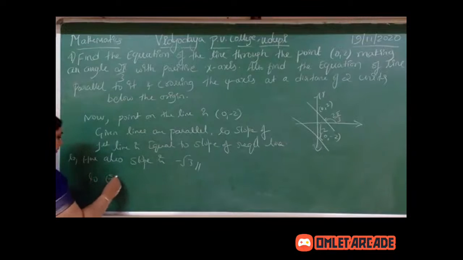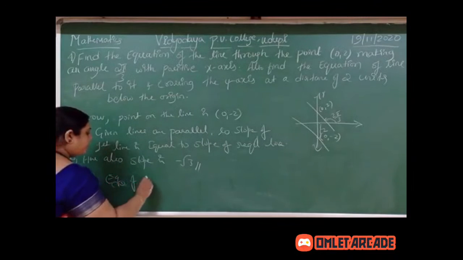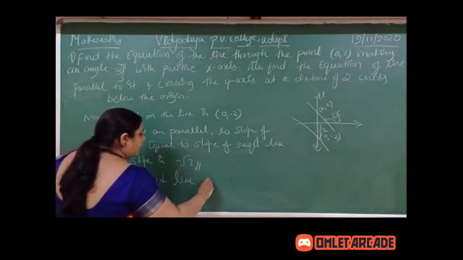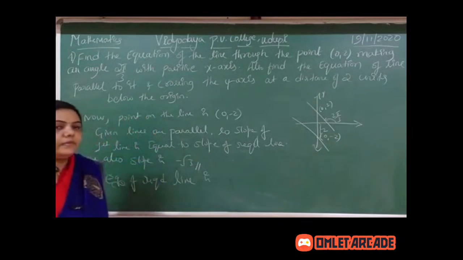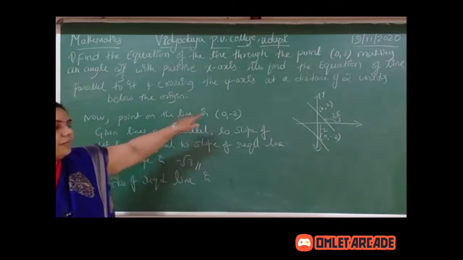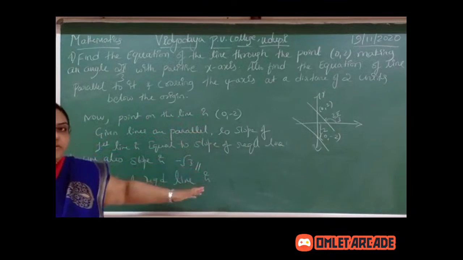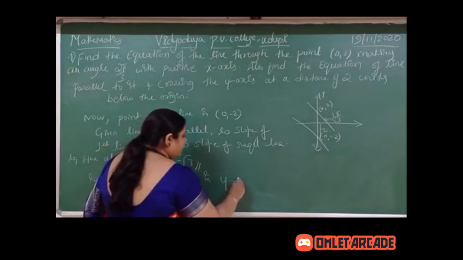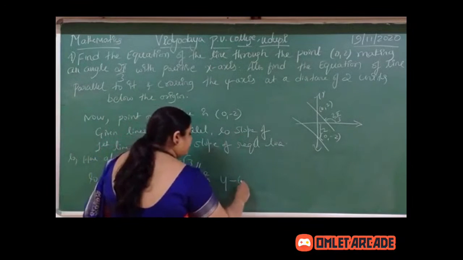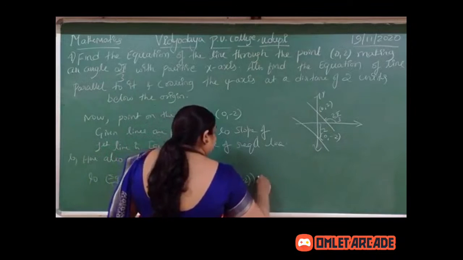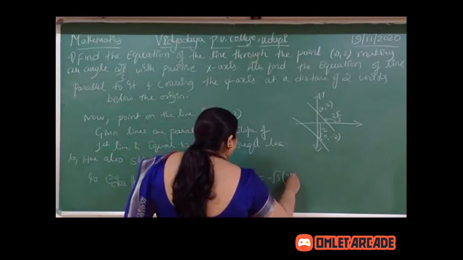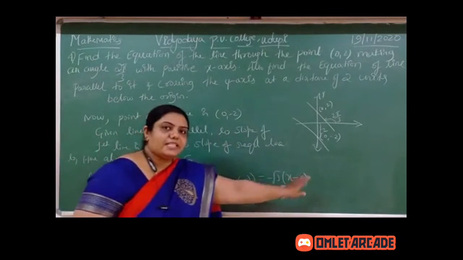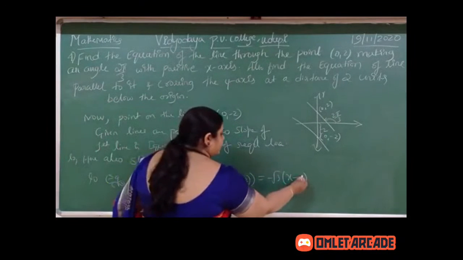So the equation of the required line: when the slope and a point are given, you know how to use the point-slope form. I am not writing the formula, I am directly substituting it. y minus y0, that is y minus (-2), is equal to minus root 3 into (x minus 0). y minus y0 is equal to m into (x minus x0), isn't it?